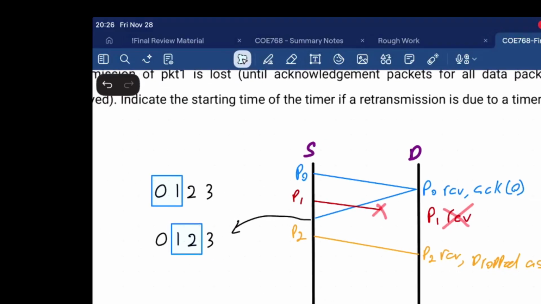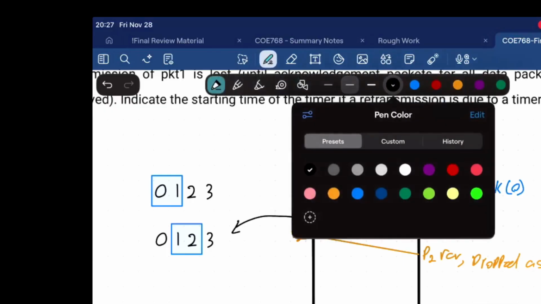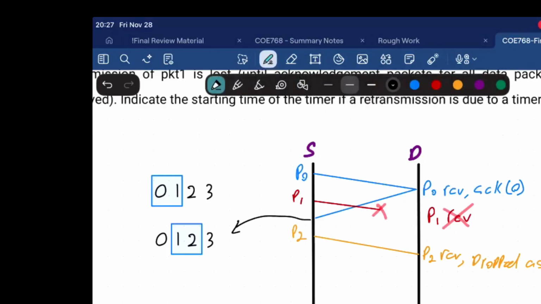So before it moves on to P3, we need to make sure that we have P1's acknowledgement, and there's a timeout that it waits for, like it's programmed within the network or within the frames that are being sent over. It waits for this timeout period. So we can call this TO, timeout.